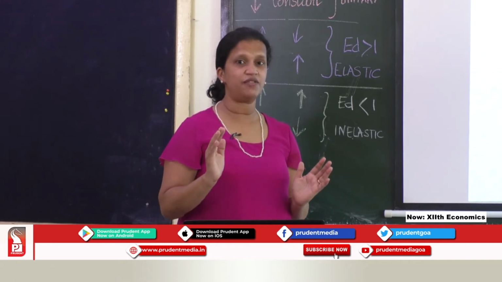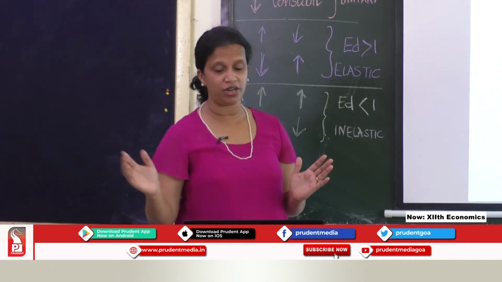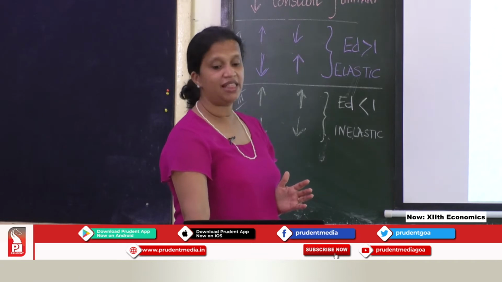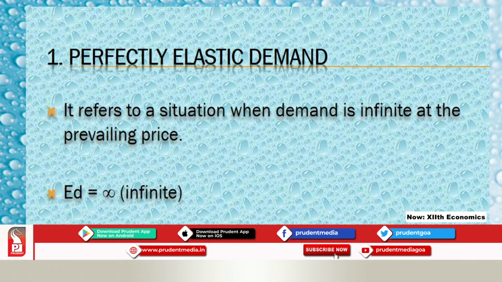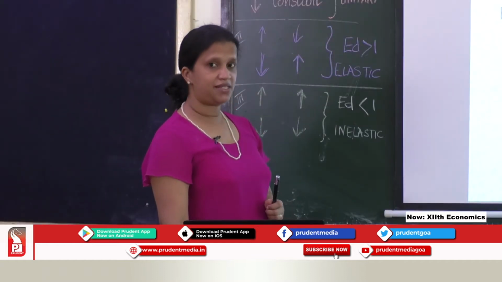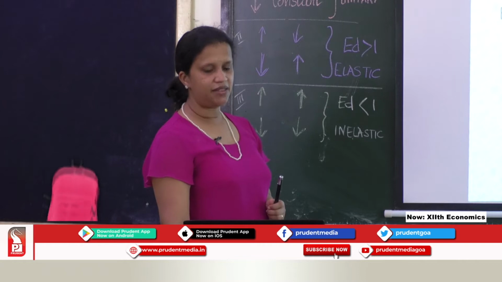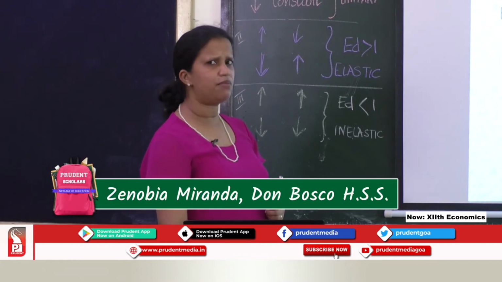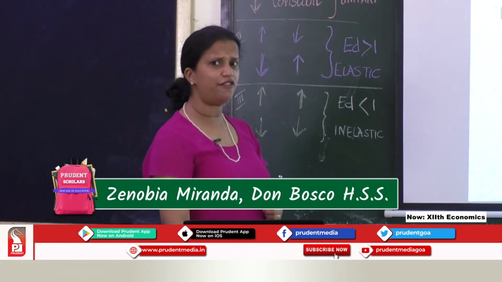Therefore, since here we are talking about an infinite quantity being demanded, the value of ED will always be infinity, as represented by this symbol infinity, right. Now, how will the demand curve be in this case? In this case, the demand curve will be such that, remember, quantity demanded has to be infinite.